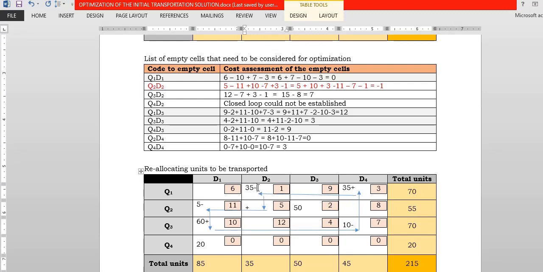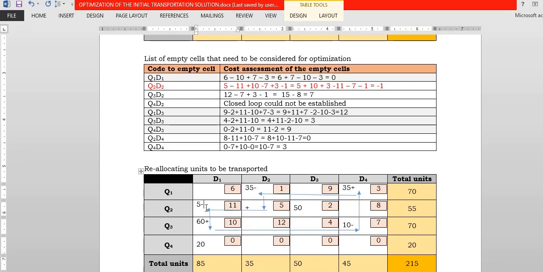So what I'm going to do is pick the lowest number which is negative. The lowest negative number, that's what I'm going to pick. Then that number, I'll rotate it in the loop, so that it is removed where it is negative and is added where it is positive. So for instance, I look at the negative figures.